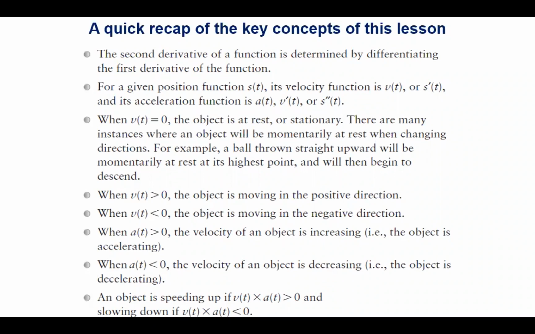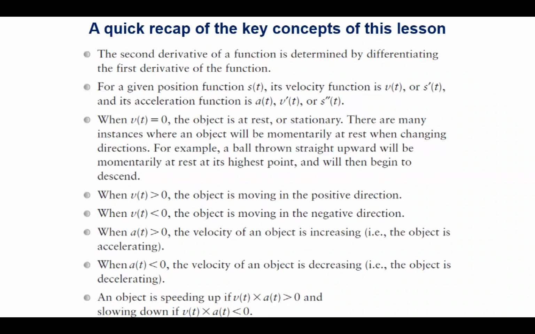There are many instances where an object will be momentarily at rest when changing directions. For example, a ball thrown straight upward will be momentarily at rest at its highest point and will then begin to descend. Next, when v(t) is greater than 0, the object is moving in the positive direction. When v(t) is less than 0, the object is moving in the negative direction.